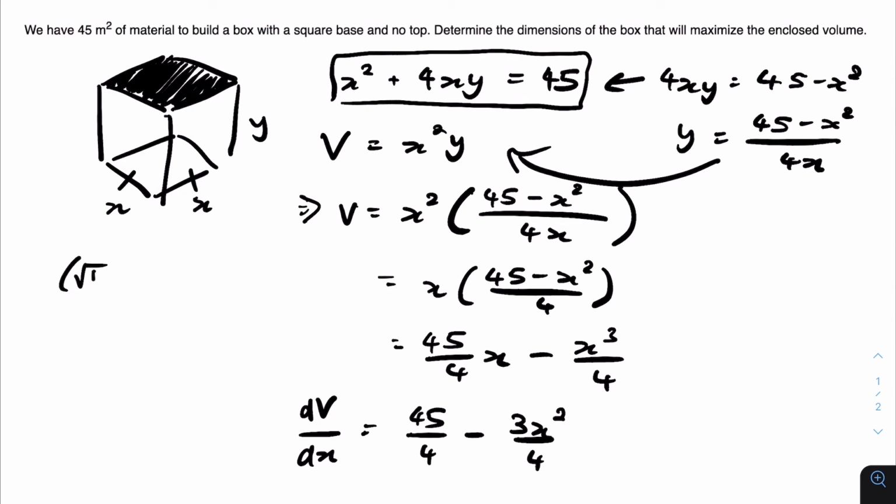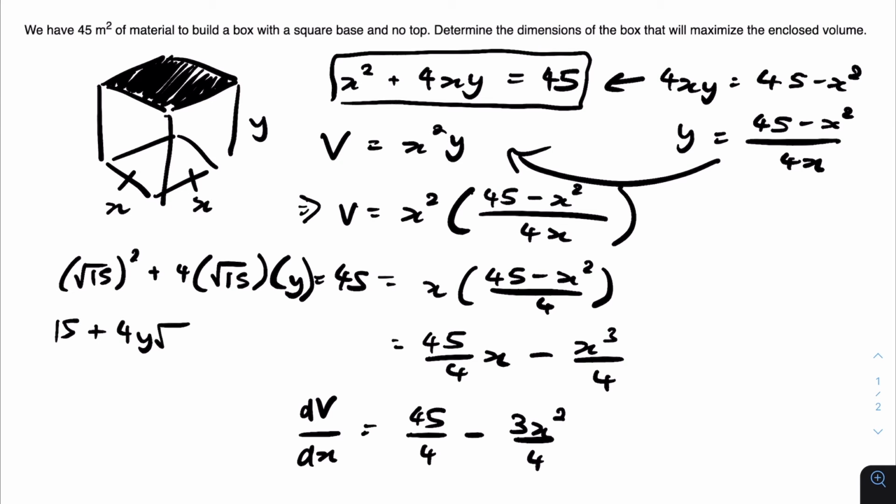So we've got root 15 squared plus 4 times root 15 times y is equal to 45, which means that 15 plus 4y root 15 is equal to 45. So 4y root 15 is equal to 30.